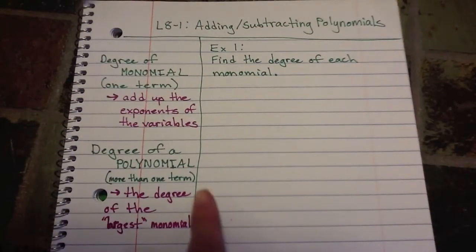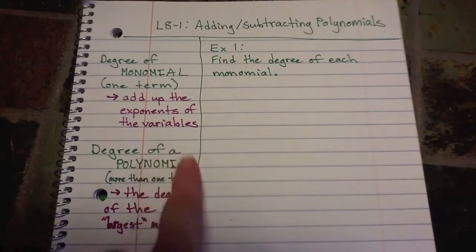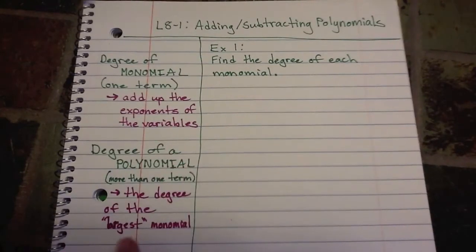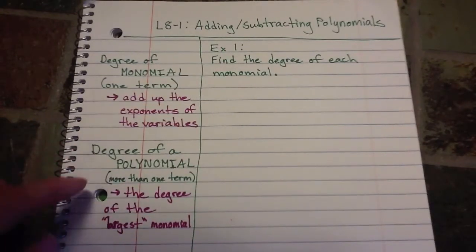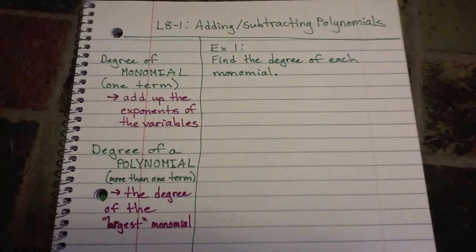So every term within that set of terms. And the one that has the largest degree is the degree of the polynomial. So you're never going to add every single set of terms together. You just take the one that's the largest, and that's your answer. Write this down, hit play when you're ready to go through some examples.